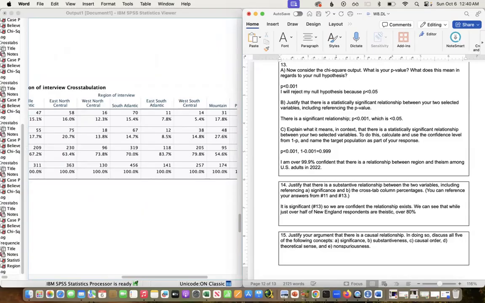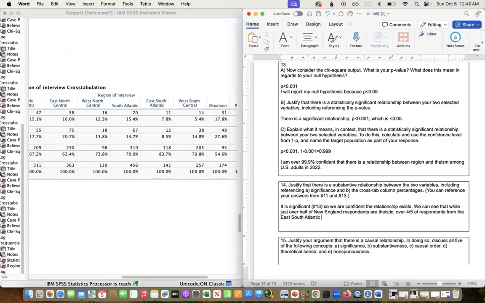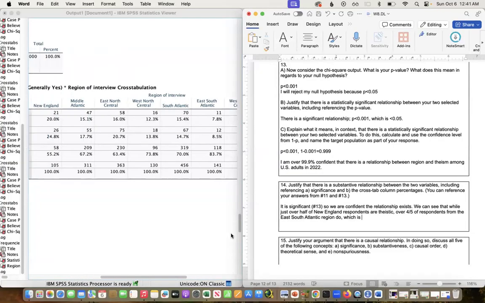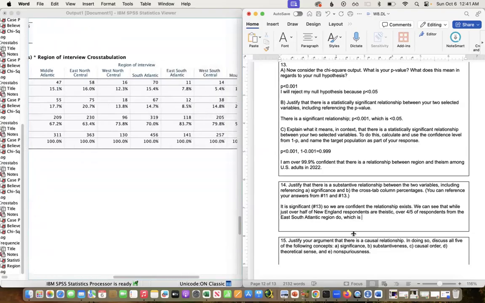Over 80%, so over 4/5 of respondents from the East-South Atlantic region do, which is from 55 to 84-ish, not quite 30, but let's say an over 25% difference. So over 1 in 4 more people in the East-South Atlantic region among respondents are doing so compared to the New England region.